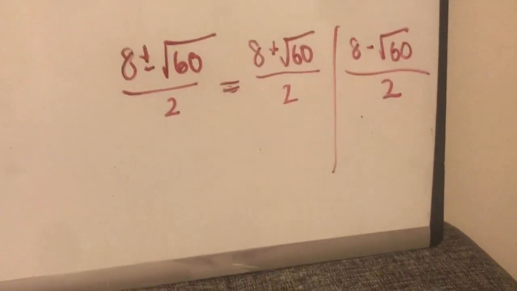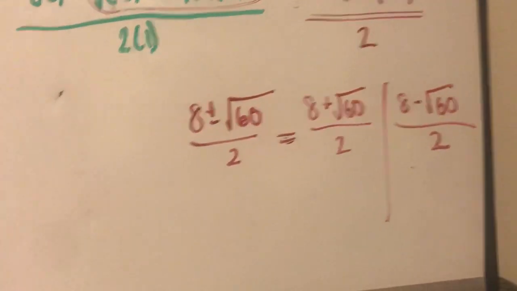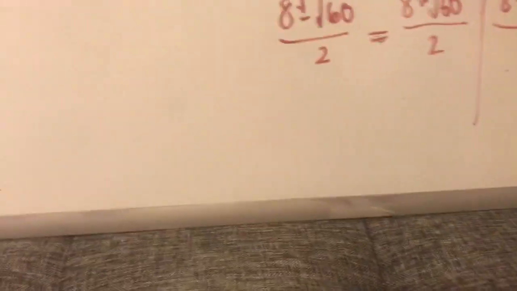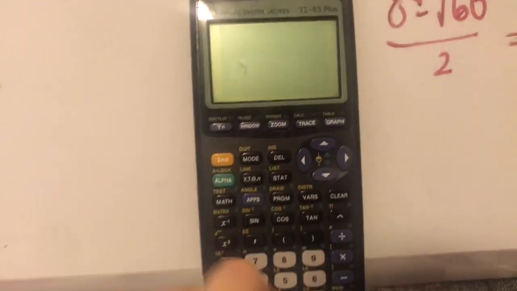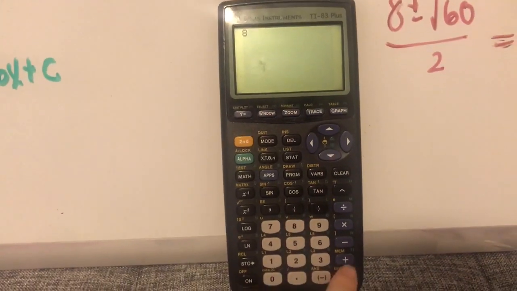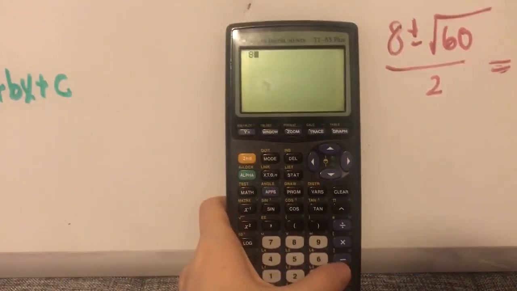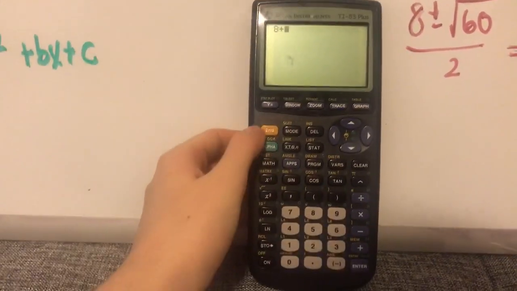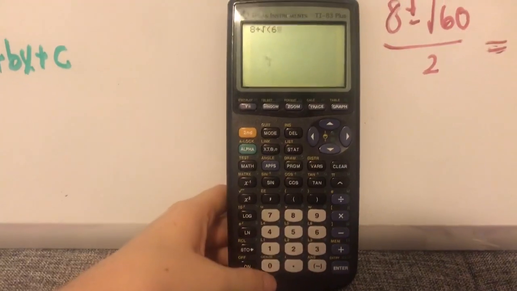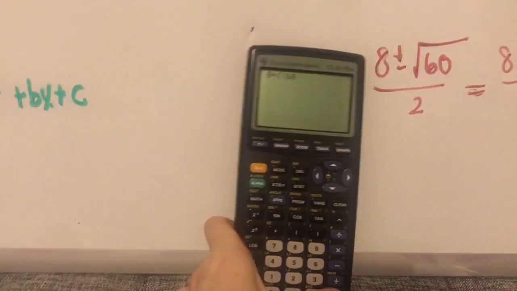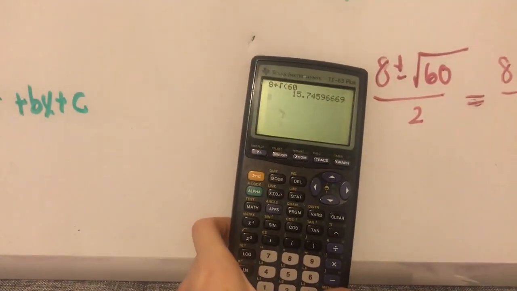And then at this point, it's a straight calculator question, and I will show you how I'm typing it into my calculator. Okay, so I'm hitting 8 plus, I'm going to do the plus one first, square root of 60. And I'm hitting enter.